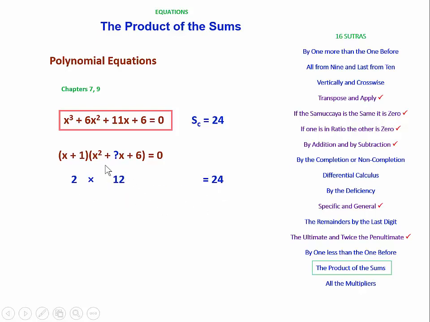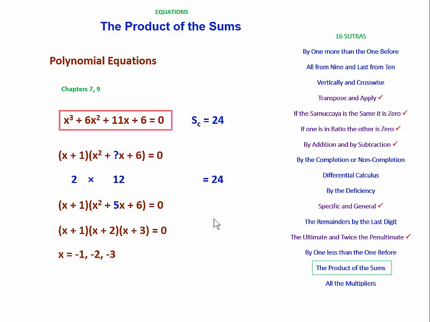In other words, the sum of the coefficients here must be 12. And because we've got a 1 and a 6, which comes to 7, that leaves a 5 for the missing coefficient. So the product of the sums means the product of the sums of the coefficients. 2 times 12 equals 24. So that gives us the missing 5, and then we can factorize that, and then that gives us the solution to the equation.